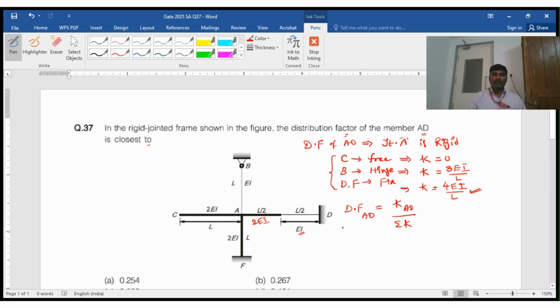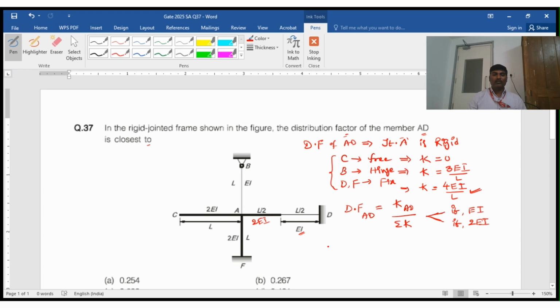In that case, I'll deal with this problem as two cases. In the first case, I'll take flexural rigidity as EI. The next case, I'll talk about the same solution with flexural rigidity of member AD as 2 EI.